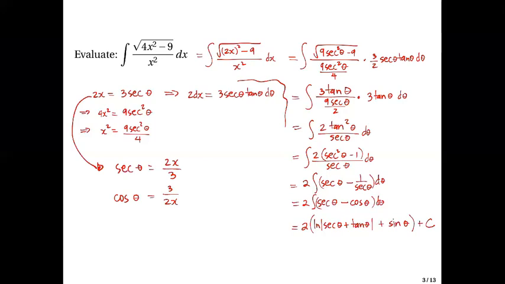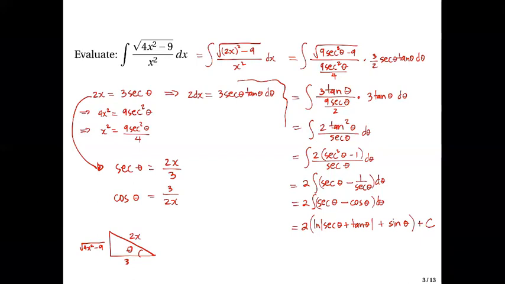So if we use right triangles, if this is our theta, cosine theta equals 3 over 2x, so adjacent over hypotenuse. So this is the adjacent side, we have 3. This guy here is the hypotenuse, so this is your 2x. And since we will need tangent theta or sine theta, we need the opposite. But this opposite is just the square root of 4x squared minus 9.